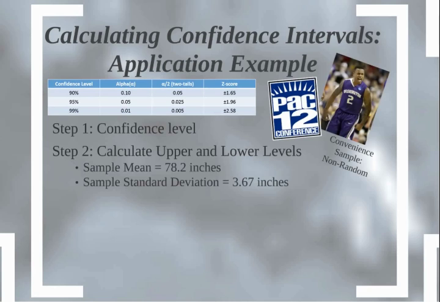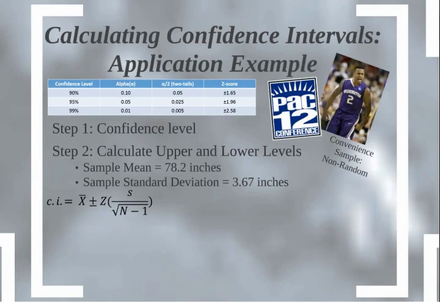So for our sample mean, the average height of Washington players is 78.2 inches with a sample standard deviation of 3.67. Just a side note, this is actually real data. I found this on the internet, and this is the listed height of the UW team.